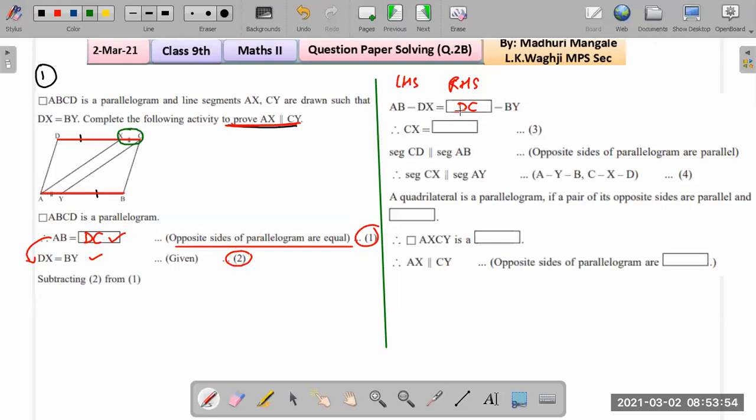So what will be DC minus BY? Now DC minus BY, DC is the complete side. Likewise here also DC is actually AB, correct? So what is AB minus BY? From AB, if we remove this BY, what are we left with? That will be AY, correct? So AY goes in the next box like that.